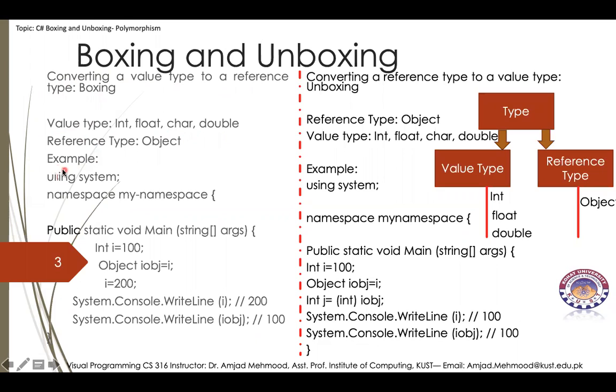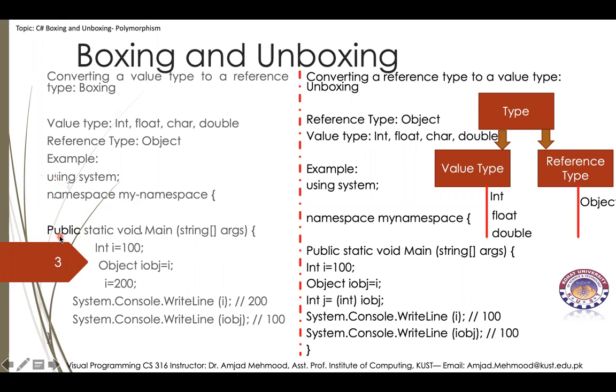Here you can see this is the normal pattern of a C# program. It starts with system, then namespace. The namespace name is my namespace, and then you have access modifier. This is the signature of a method, how you define a method.